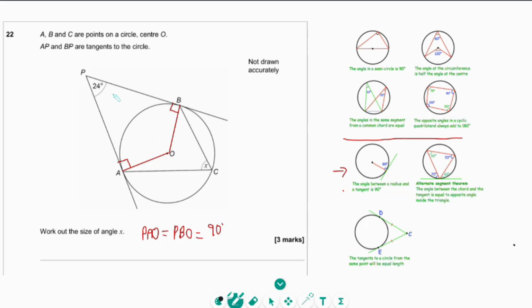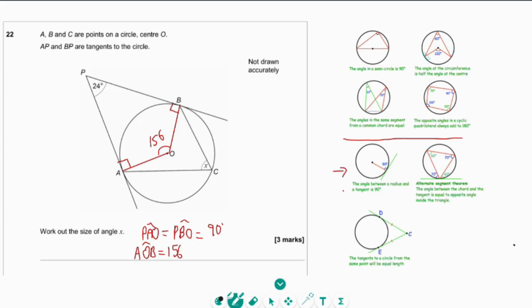I know the angles in a quadrilateral add to 360. So 360 minus 24 minus 90 minus 90 gives us 156. So I know AOB is 156.